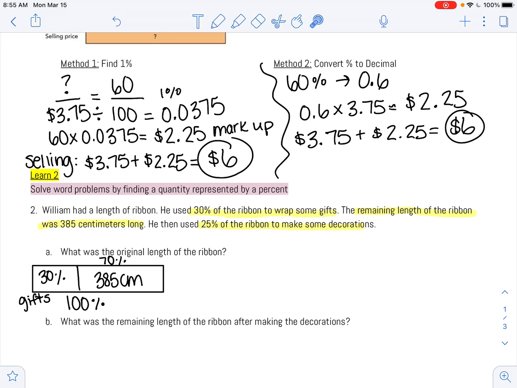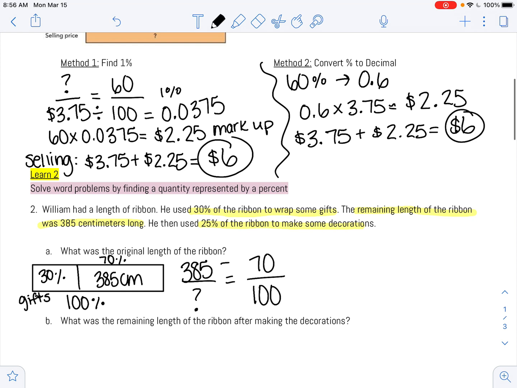So with this piece of information, where we have a length and a percentage that represents it, we can use that to help us find the 100%. So our 70% is 385. We want to know what 100% is. We divide. So 1% equals 5.5, and then we multiply by 100. So the length of the ribbon was 550 centimeters.